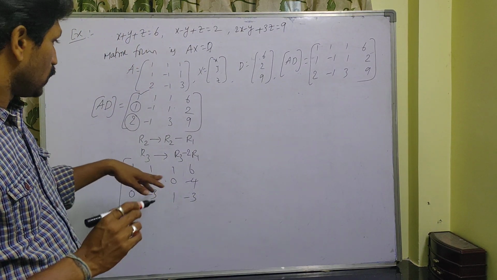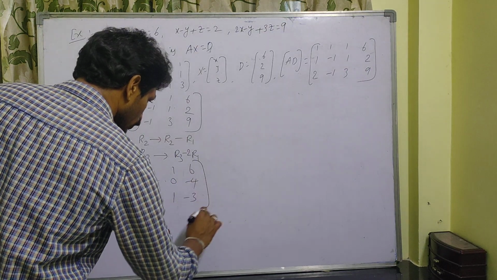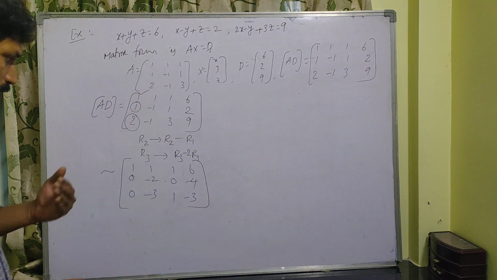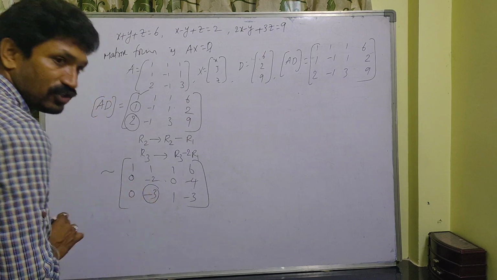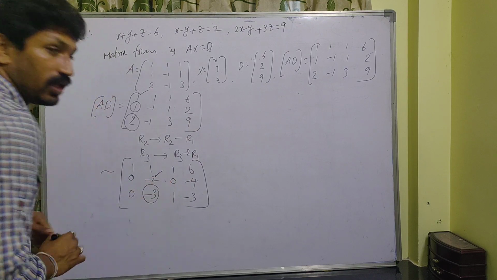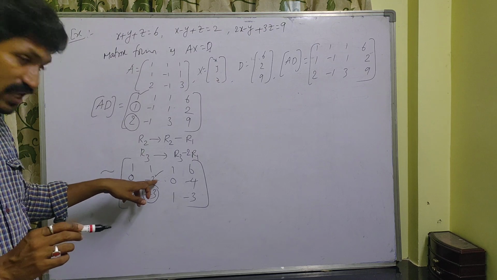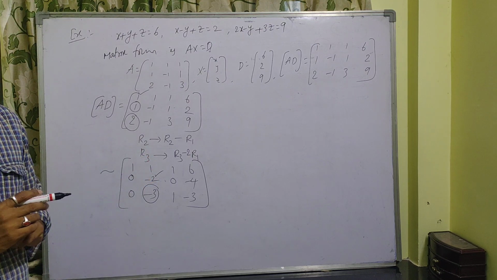Next, to convert to echelon form, the very, very important step is making this entry 0 by using this one only. We have to use the second row only, don't use the first row. Very, very important.